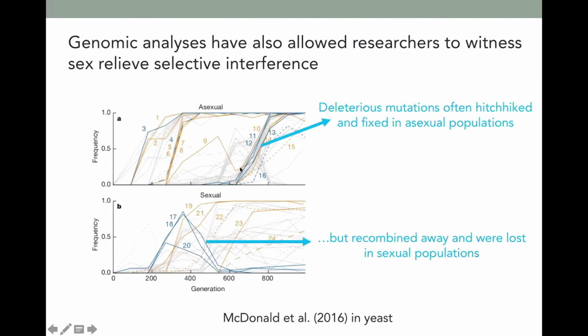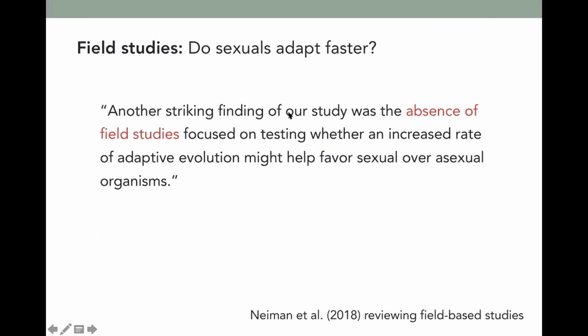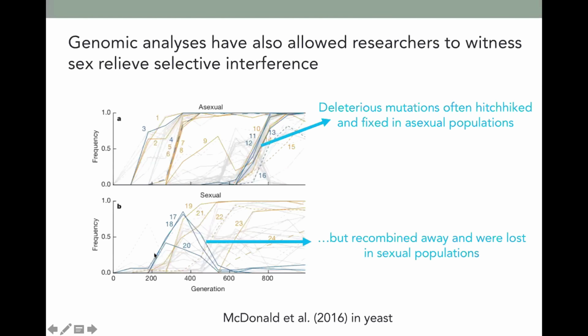Furthermore, when they looked at the deleterious mutations in blue, they often found that these cohorts of mutations spreading to fixation often carried other things that were nested within the same genetic background, carrying deleterious mutations to fixation. That didn't happen in the sexual populations, however.